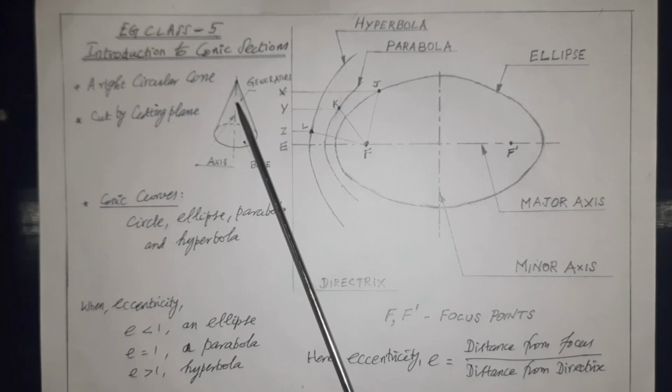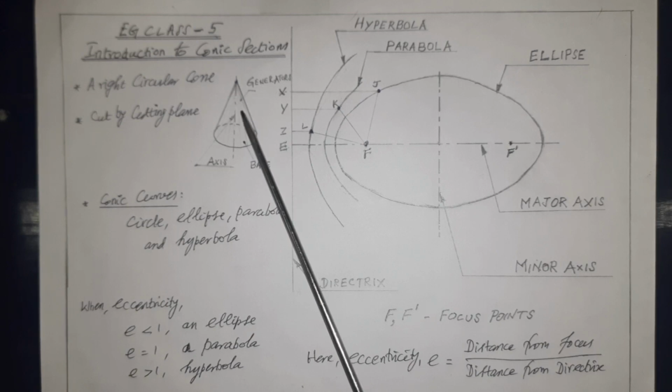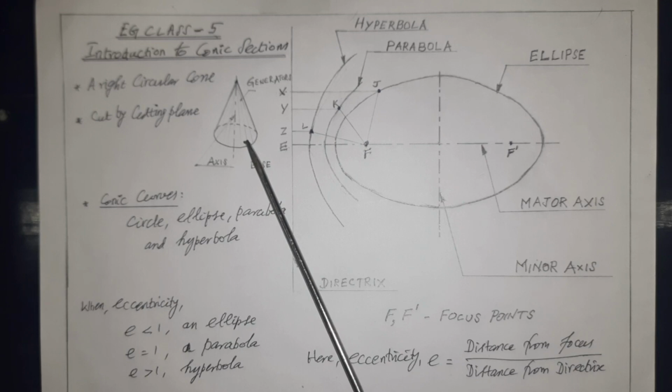Then the center line of the cone is called the axis, and various imaginary lines from the top to bottom are called generators. There are many generators, imaginary lines.